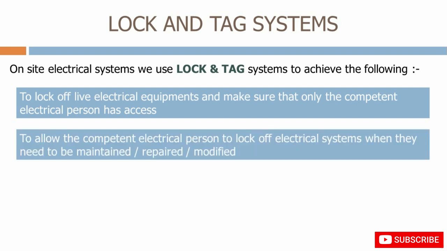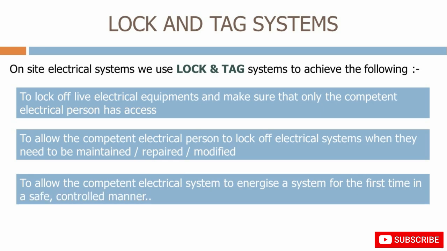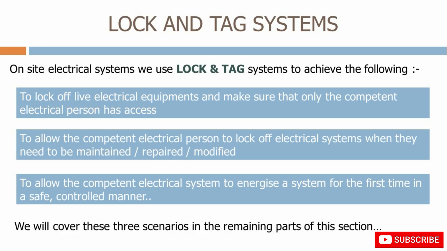To allow the competent electrical person to lock off electrical systems when they need to be maintained, repaired, or modified. To allow the competent electrical person to energize a system for the first time in a safe, controlled manner. We will cover these three scenarios in the remaining parts of this section.